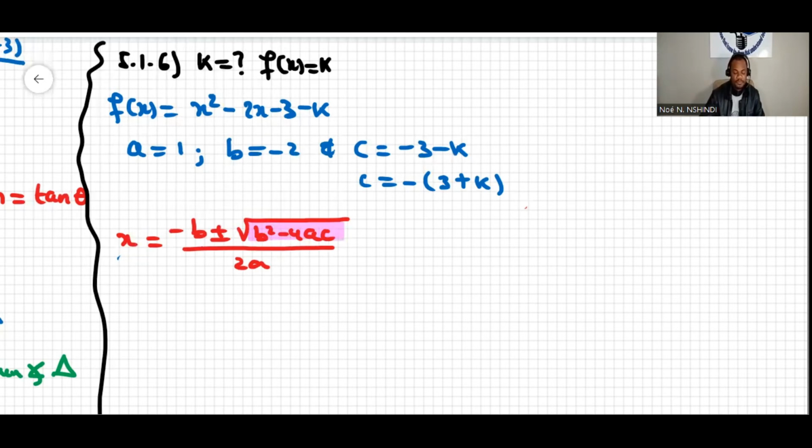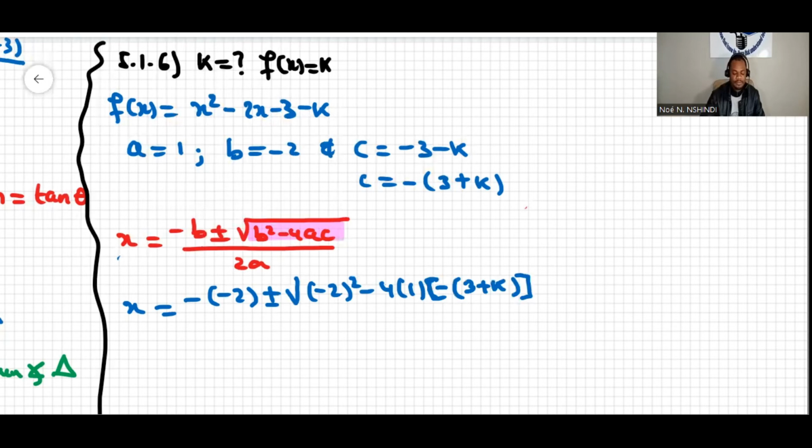This will be true if, let's first substitute the values here. x equal to minus of minus 2, plus minus square root of minus 2 squared, b squared, minus 4a, which is 1, and then c is negative 3 plus k, over 2a, 2 times 1.